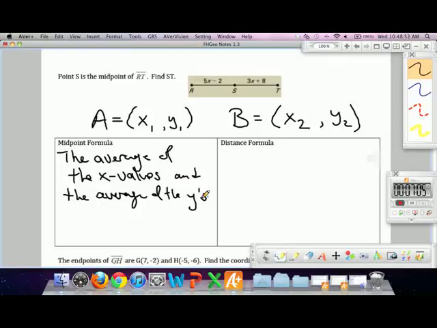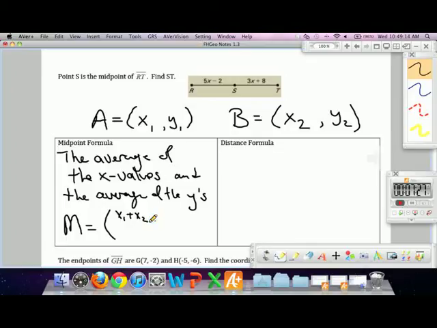The midpoint is exactly the average of the x's. So I'm going to add up the two x's that I have, x1 plus x2, and divide by what? I'm going to find the average of those two x's. So what am I going to divide by?